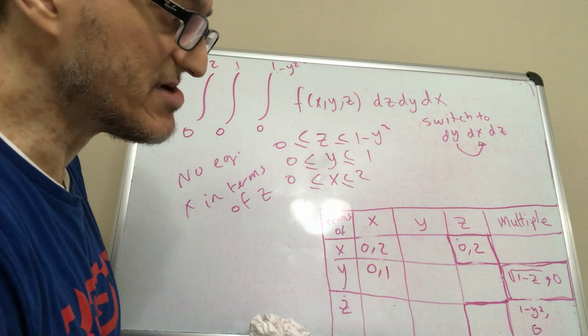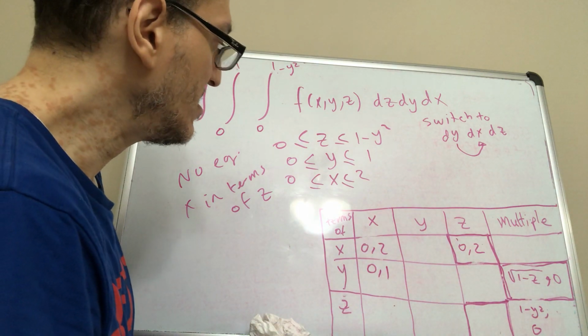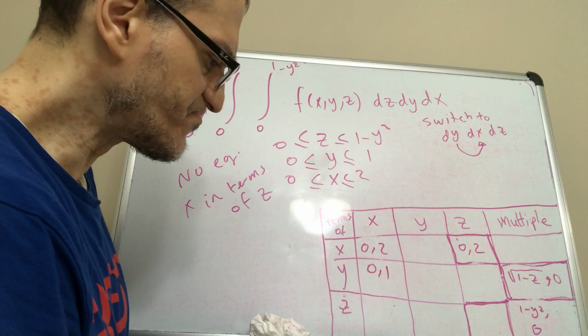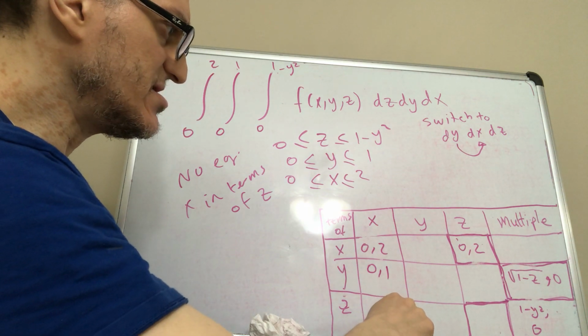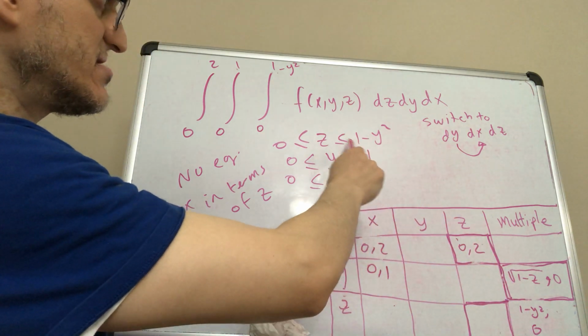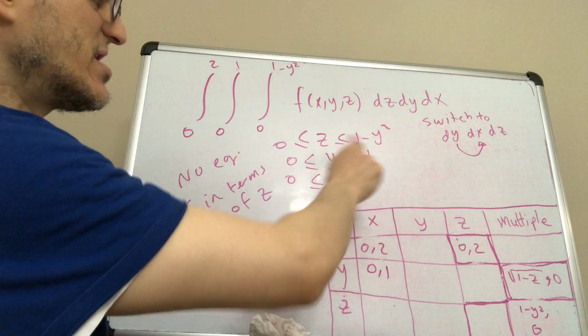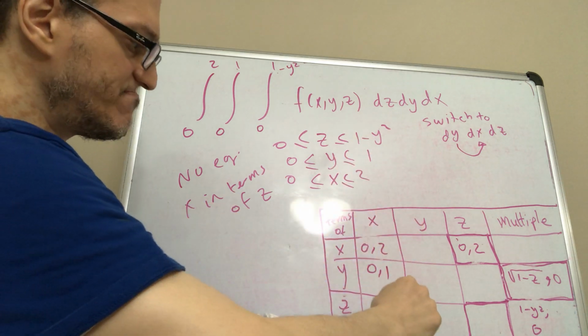That would be your limits for x, the numbers you have here. And finally, you need the z limits. You can find the z from here or from here, doesn't matter. y is 1 and 0, so if you plug 0 and 1, that gives you 1 and 0, so 0 and 1.